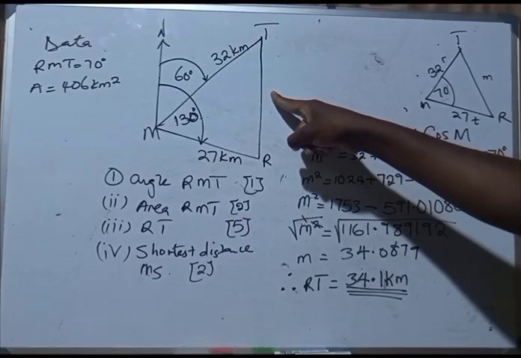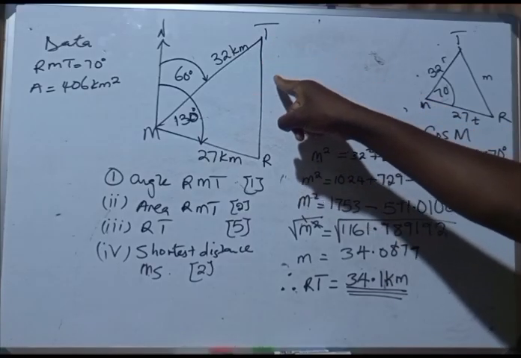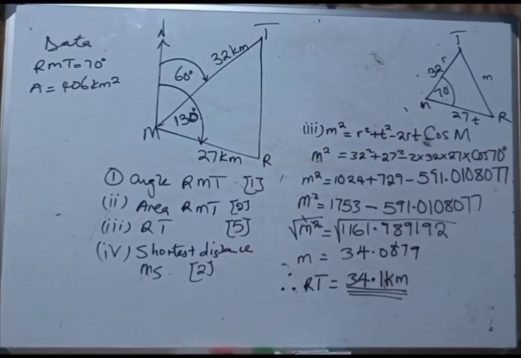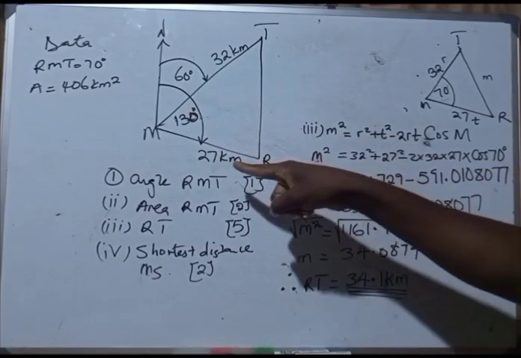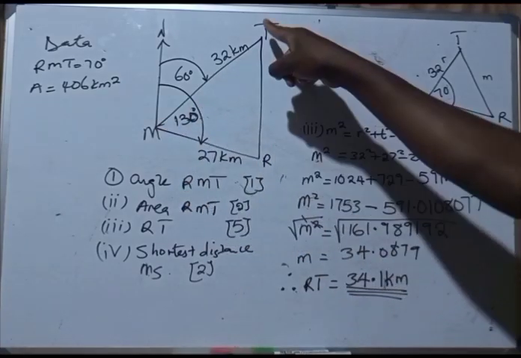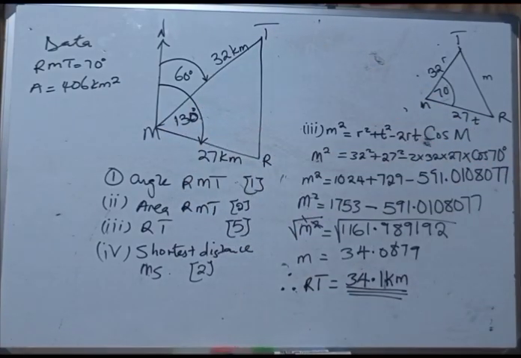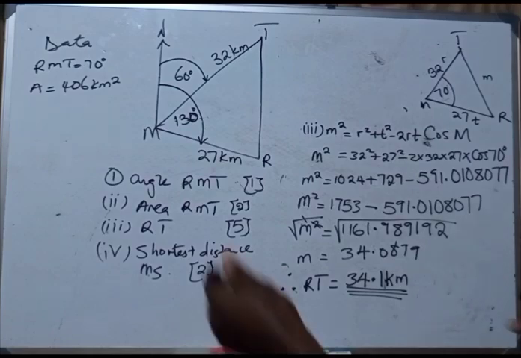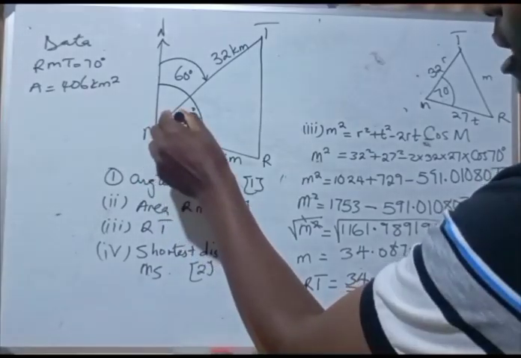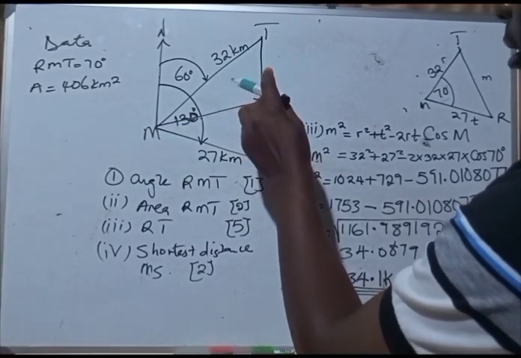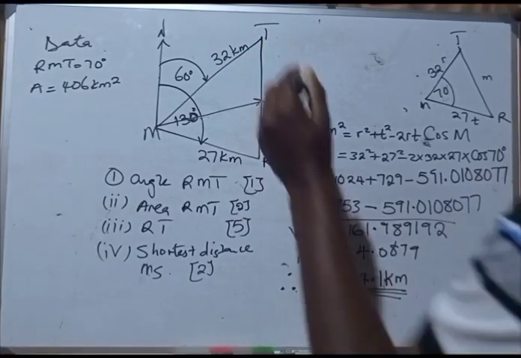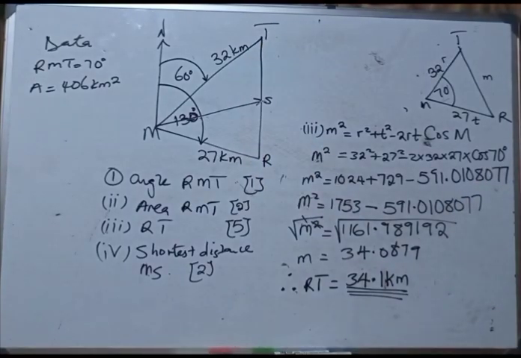And there where it will meet RT, the point is S. So find the MS, meaning the shortest distance from M to RT. So to find the shortest distance, we do the following.